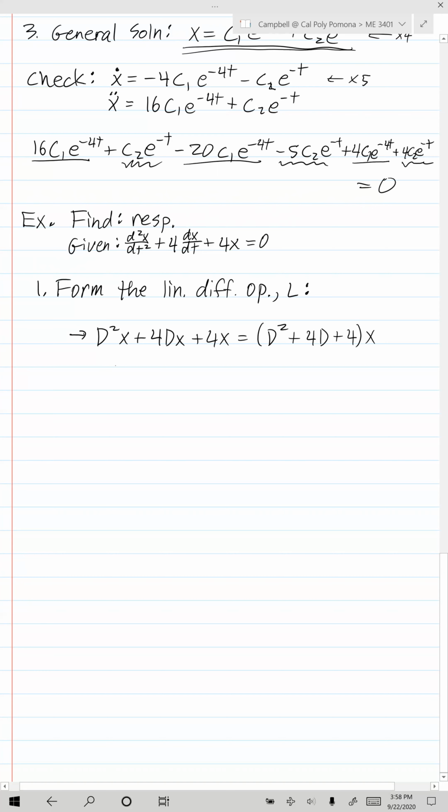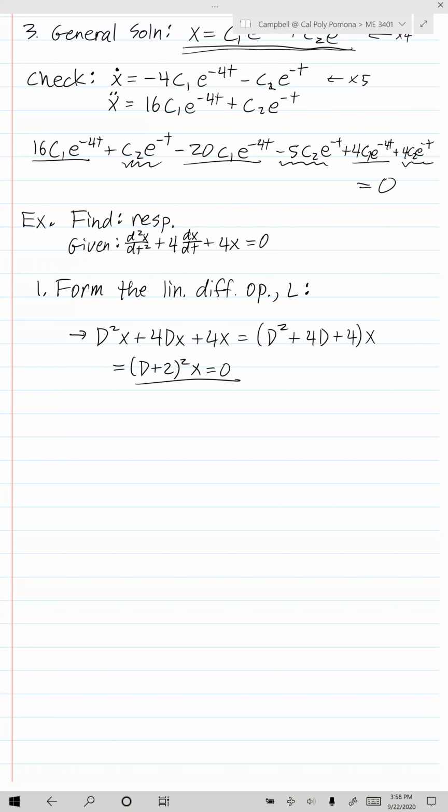And of course, you can quickly see that this is just (D plus 2) squared times x. This is still our differential equation, so that's equal to 0 for the homogeneous form.